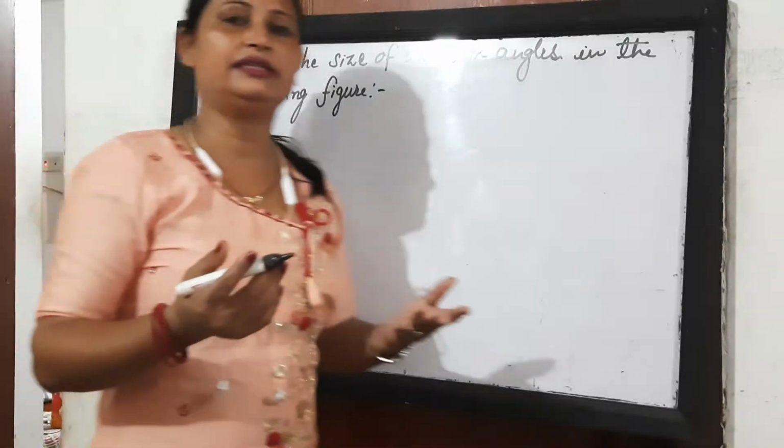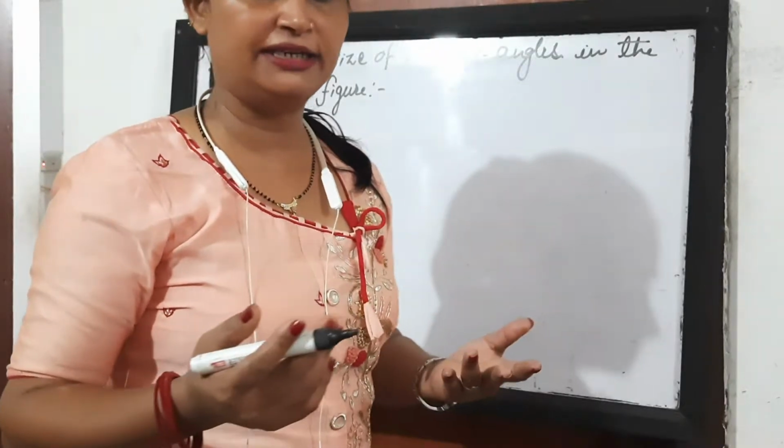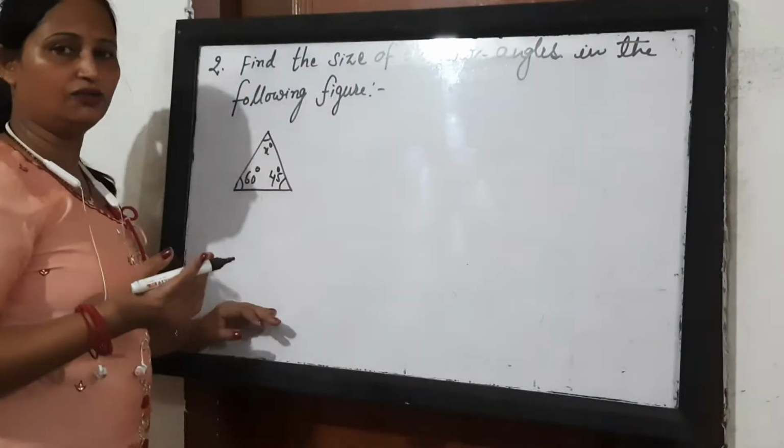As you know, the sum of the angles of a triangle is 180 degrees. What is the sum of the angles of a triangle? 180 degrees.